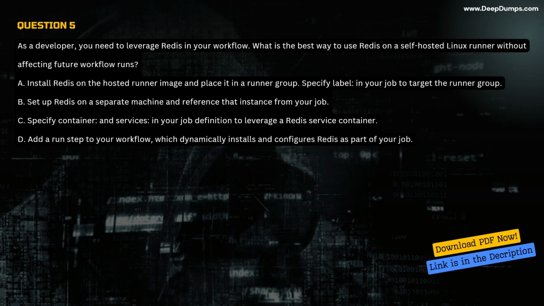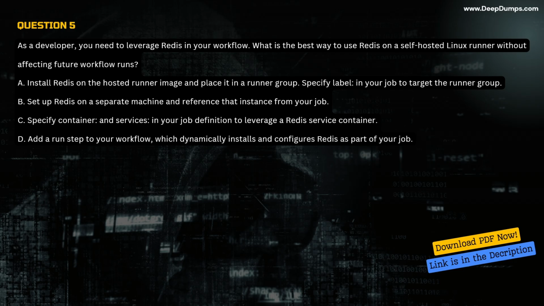Question 5. As a developer, you need to leverage Redis in your workflow. What is the best way to use Redis on a self-hosted Linux runner without affecting future workflow runs? A. Install Redis on the hosted runner image and place it in a runner group. Specify label in your job to target the runner group. B. Set up Redis on a separate machine and reference that instance from your job.